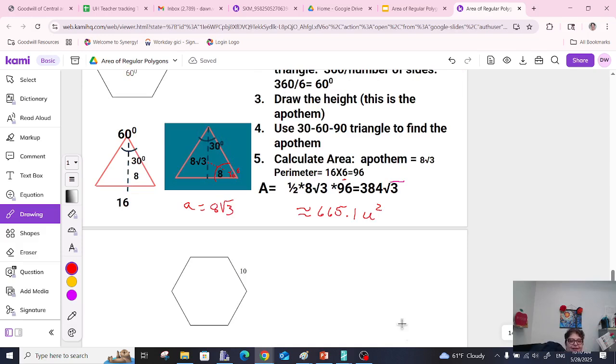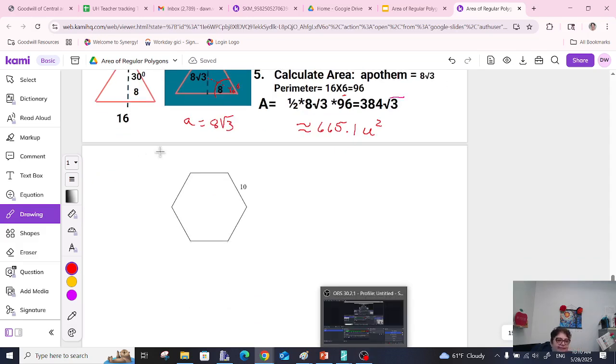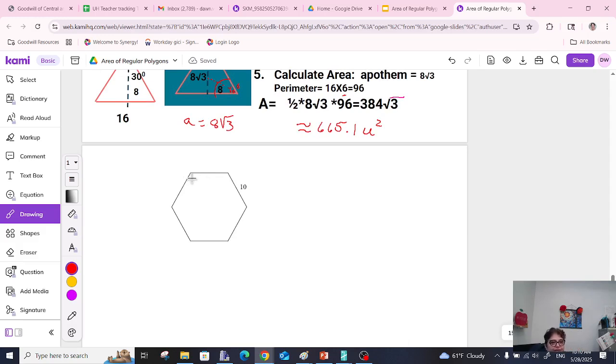So we're going to do one together right here, okay? How many sides is this? 6. So I'm going to first draw my triangle, right? And if I take 360 divided by 6, it gives me this angle because it can rotate around, which is equal to what? 60 degrees.